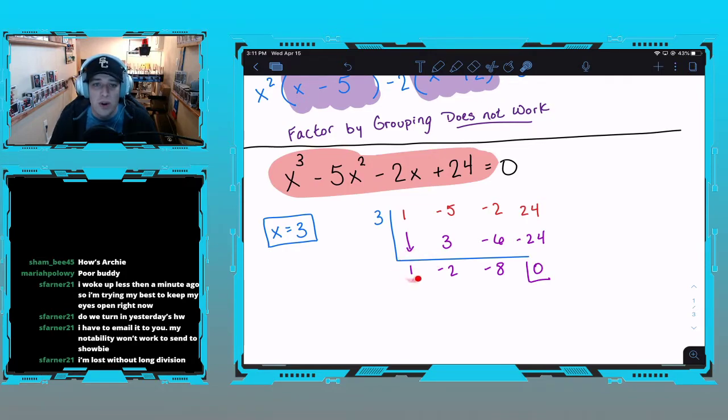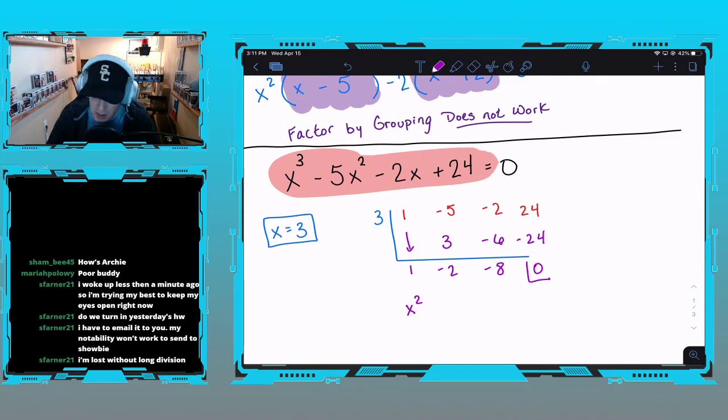So that 1 right here, we have to make sure that we follow what the original polynomial was. The original polynomial was an x cubed. So when we did synthetic, we just have to take 1x away to write down the new polynomial. So that means this would become x squared because we took 1x away.